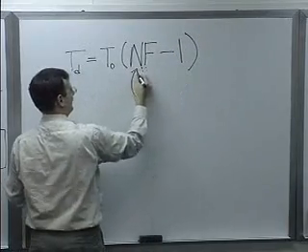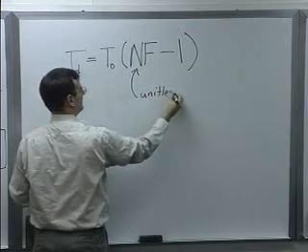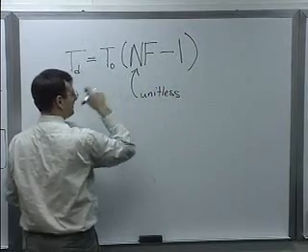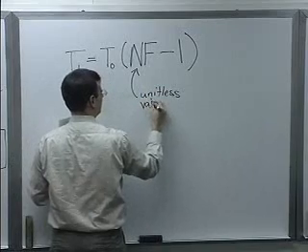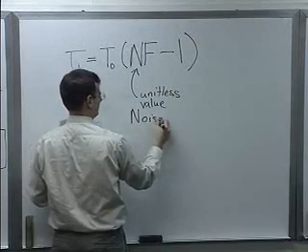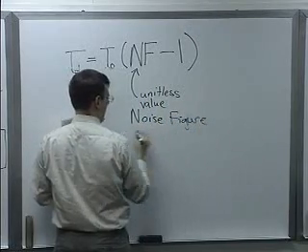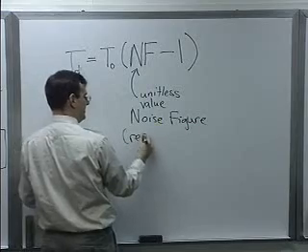So NF is a unitless value called noise figure. And sometimes it's reported in dB.